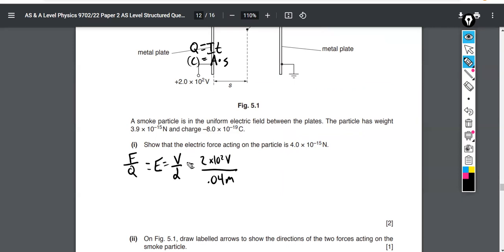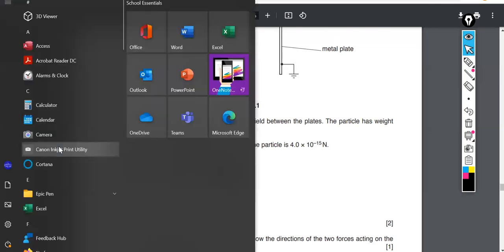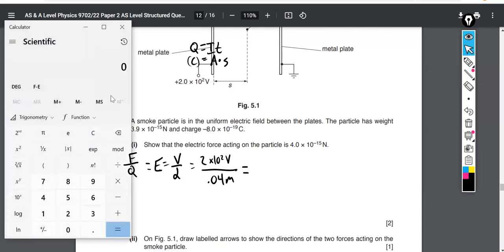So electric fields can be calculated either like this or like this. So once we know the value for E by dividing those two, which I will show you on the screen right here, 200 divided by 0.04, now we know the field strength is 5,000 newtons per Coulomb. 5,000 volts per meter, same thing as 5,000 newtons of force acting on each Coulomb of charge.